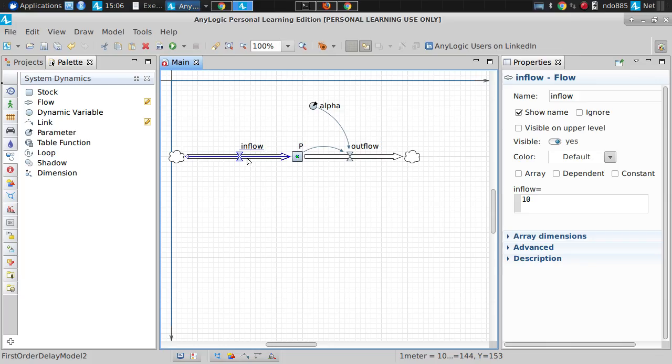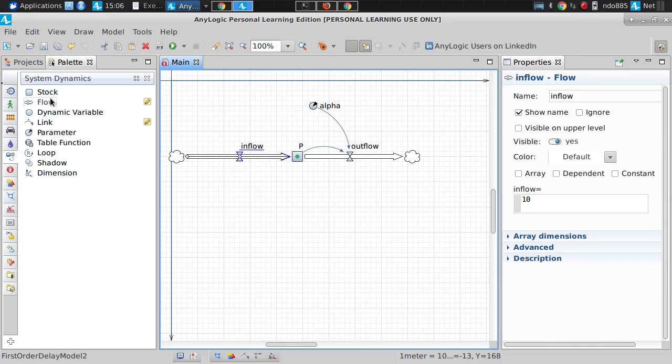What is alpha, 0.5 or 0.05? 200. Good. Because 200 times 0.05 gives 10, which is the same value as the inflow. It's 10 people per day.